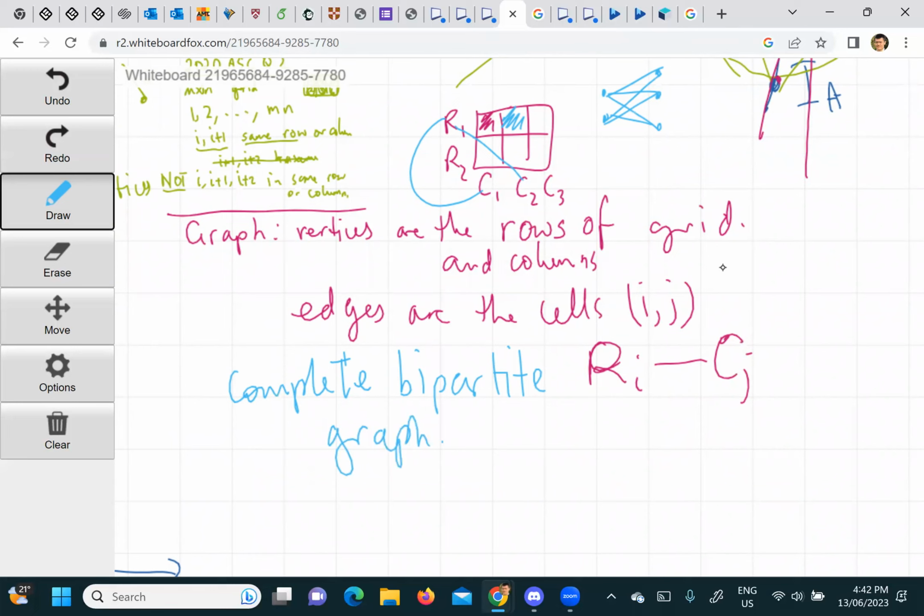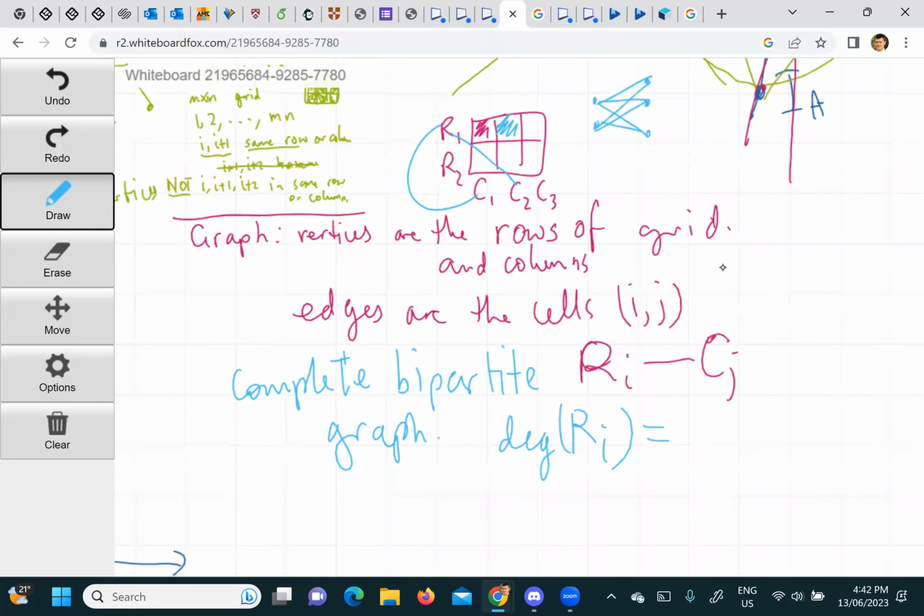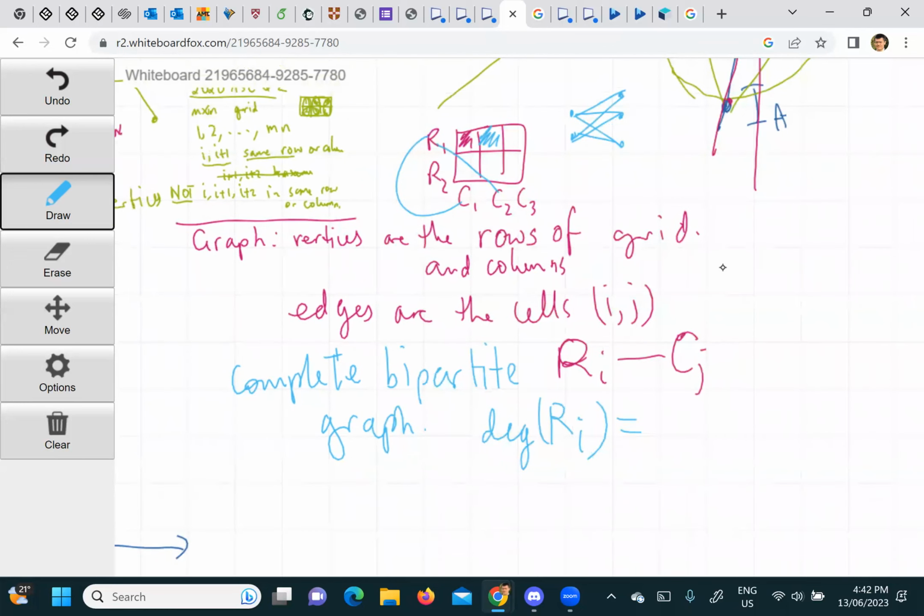With a complete bipartite graph, it's kind of obvious what the degree of each vertex is. The degree of every row vertex is equal to the number of columns, which is n, and the degree of each column vertex is the number of rows.